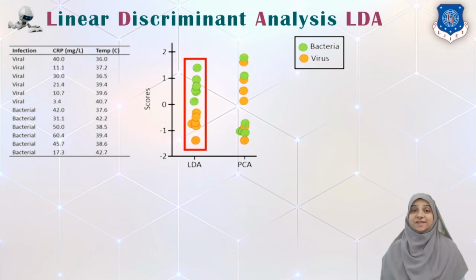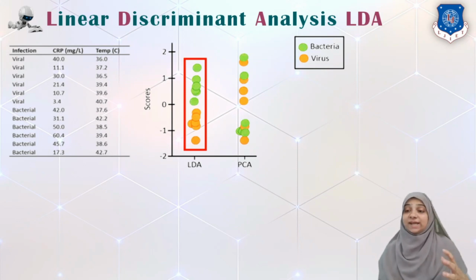Now, as you can see inside PCA, not all data points are clearly separated from one class to another class. They are all evenly distributed over one principal component or one principal dimension.